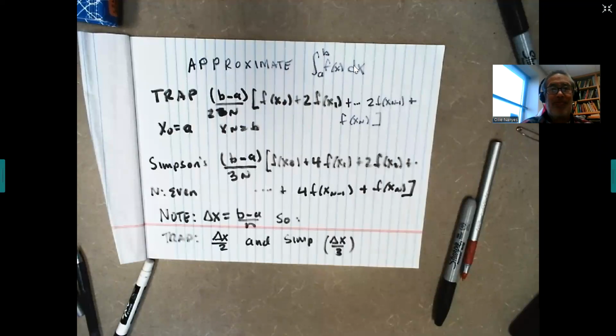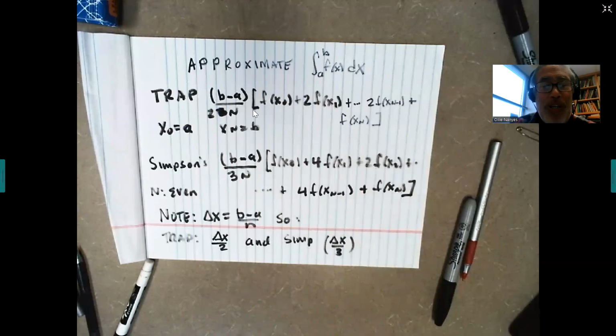Now, the trapezoid rule, which I've hastily written in pen, estimates the integral by trapezoids. I'm assuming that you've already been introduced to the formula, but just to review, the formula has the coefficient b minus a, the width of the interval of integration, divided by 2 times the number of subintervals you're using.